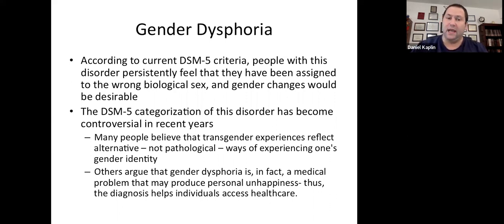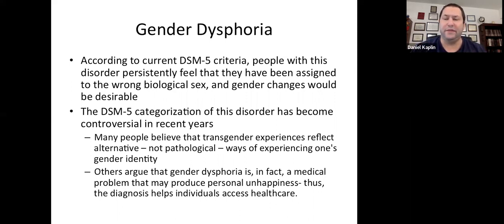On the other hand, there are other people who believe that gender dysphoria is indeed a medical problem and it can produce personal unhappiness. Not to say that it produces personal unhappiness in everybody, but it can. Thus, adding this diagnosis would be helpful to allow these individuals to have access to healthcare.